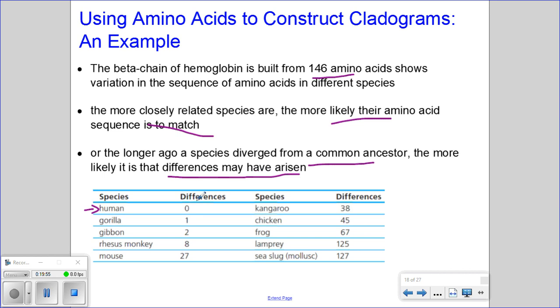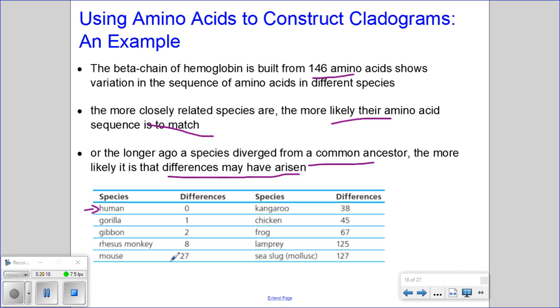Humans obviously have zero differences as a species in that amino acid sequence, whereas gorillas have one difference. Gibbons have two, rhesus monkeys have eight differences in that amino acid sequence, and so forth.